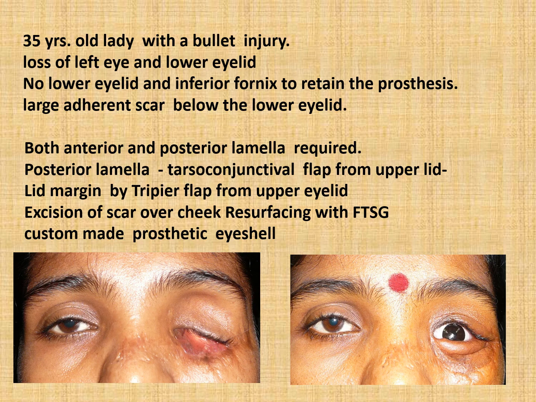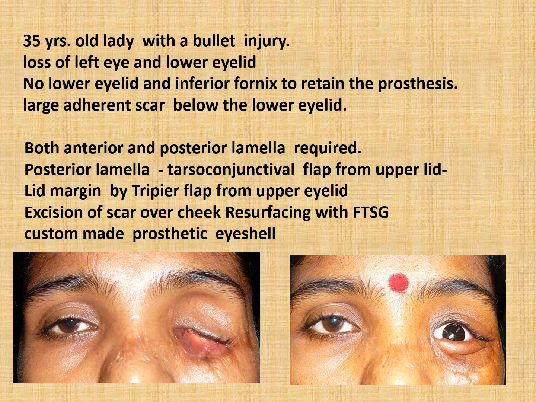Here you see a 35-year-old lady with a bullet injury. There was loss of the left eye and lower eyelid. No lower eyelid and no inferior fornix to retain the prosthesis. Large adherent scar below the lower eyelid. Both anterior and posterior lamella required.